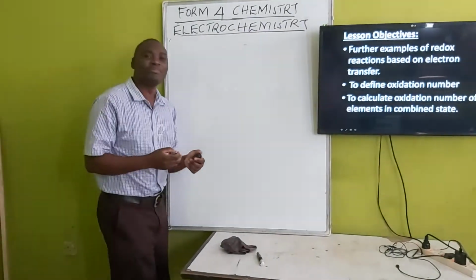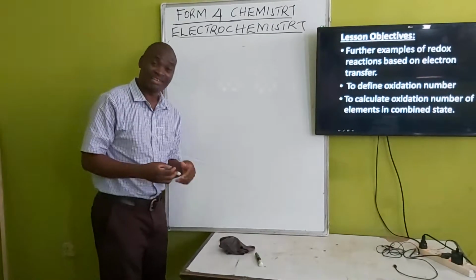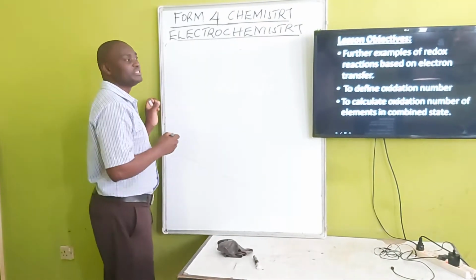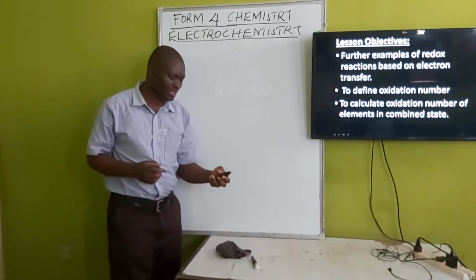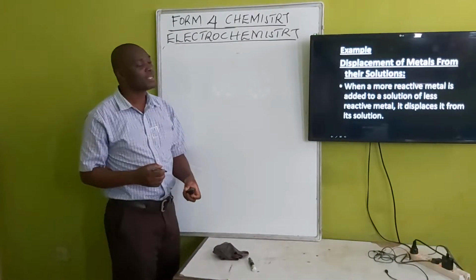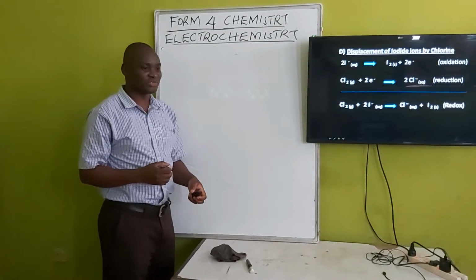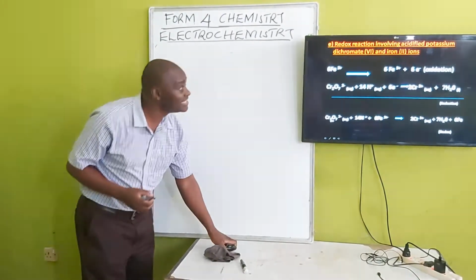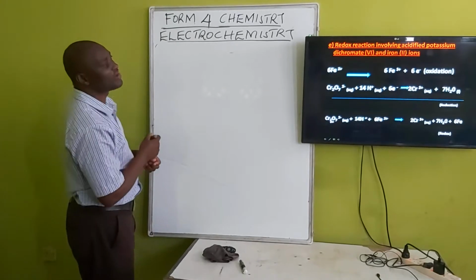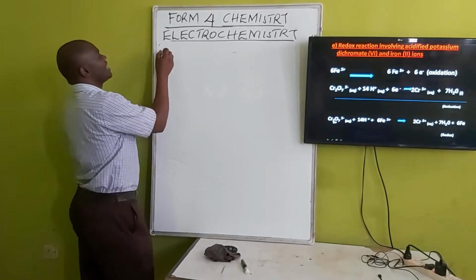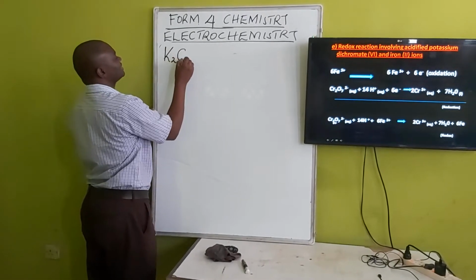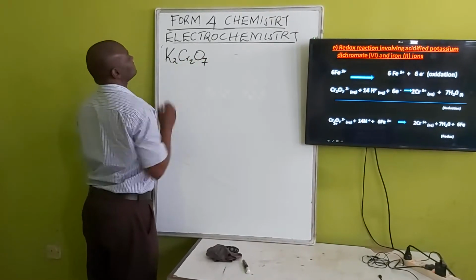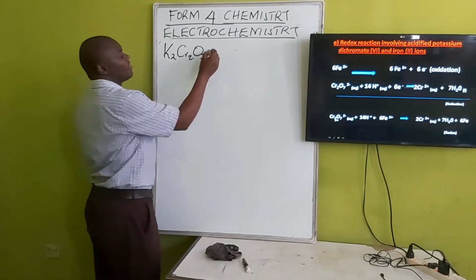Now, the third example that we are going to use is a very common equation. The equation that our discussion is going to be based on today is a redox reaction involving acidified potassium dichromate(VI).